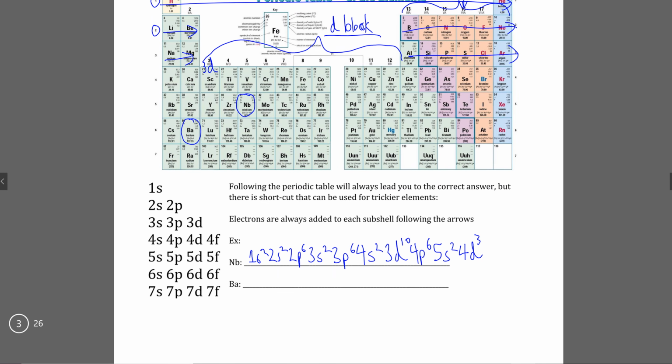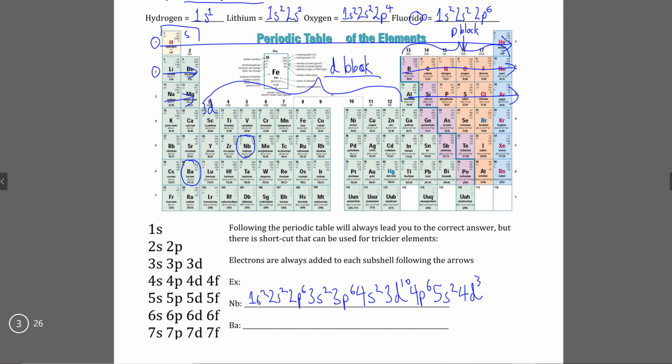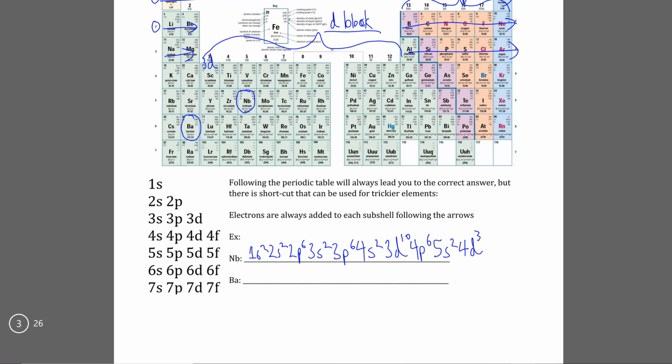There is a shortcut to help you remember which subshells you can fill up. If you draw a grid like this, again, we see all of our S subshells here. There is no 1p subshell up here, so we start writing from 2p downward. Likewise, there's no 1d or 2d, so we start writing 3d and downward, and so on.